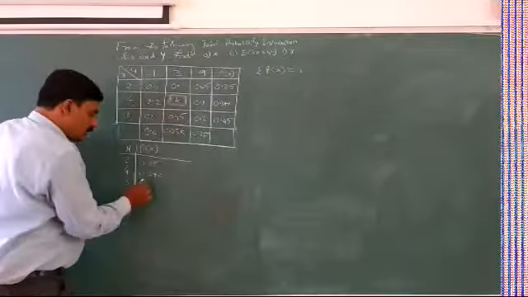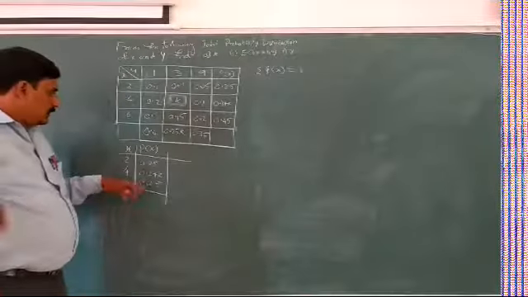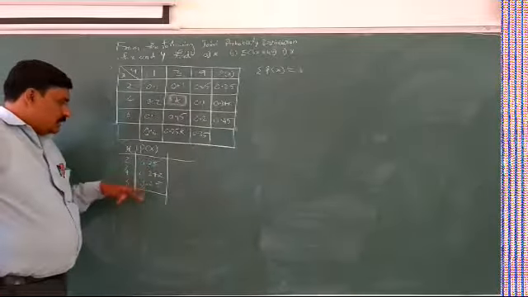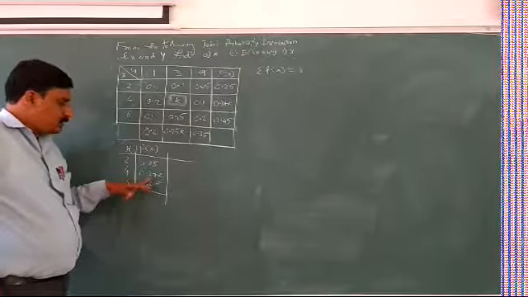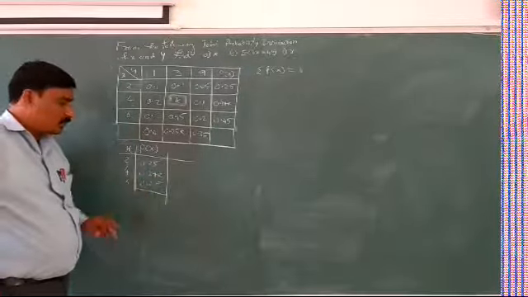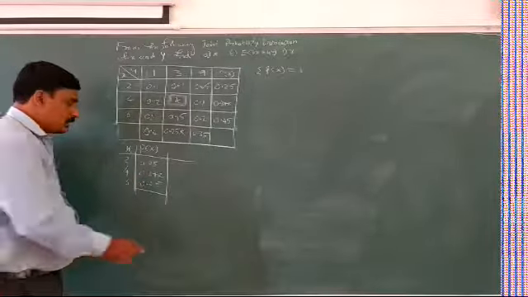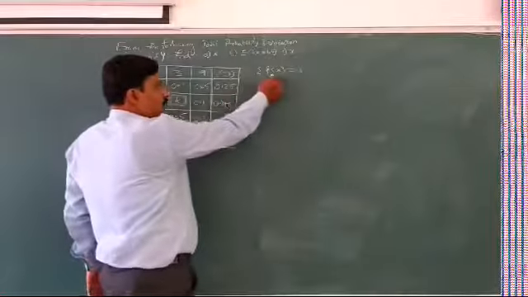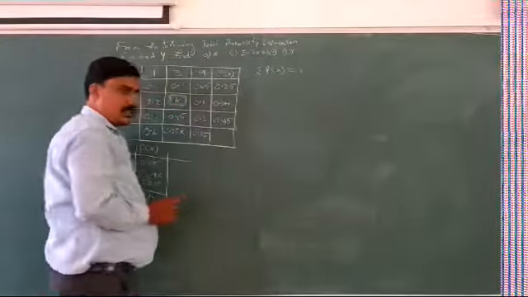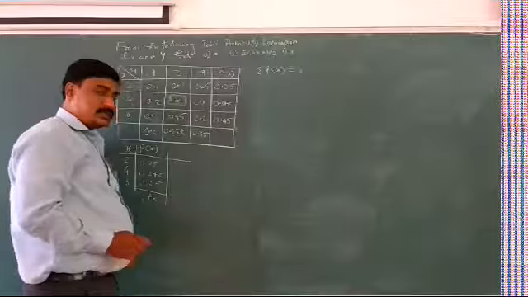Now the total summation of p of x is 0.25 plus 0.3, 0.55 plus k, plus 0.45, that is 1 plus k. So summation p of x is equal to 1, they said, and our value is 1 plus k.